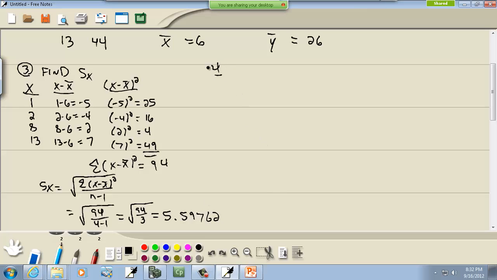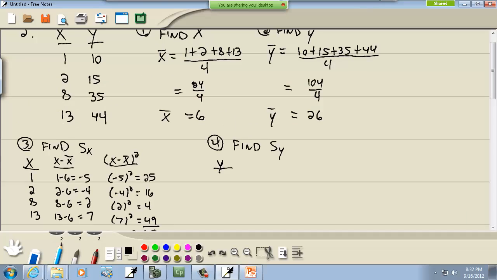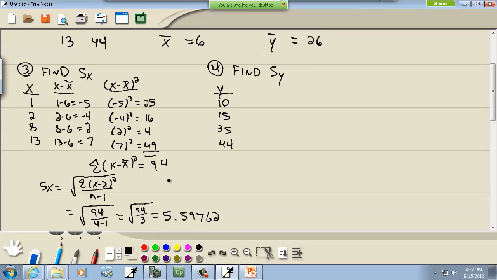Well, step 4. We need to find s sub y. So I'm going to have y values, and let's scroll up to see what those are. 10, 15, 35, and 44. And we'll have y minus y bar, so we got 10 minus 26, which gives us negative 16. We have 15 minus 26, which gives us negative 11. 35 minus 26, which gives us 9.